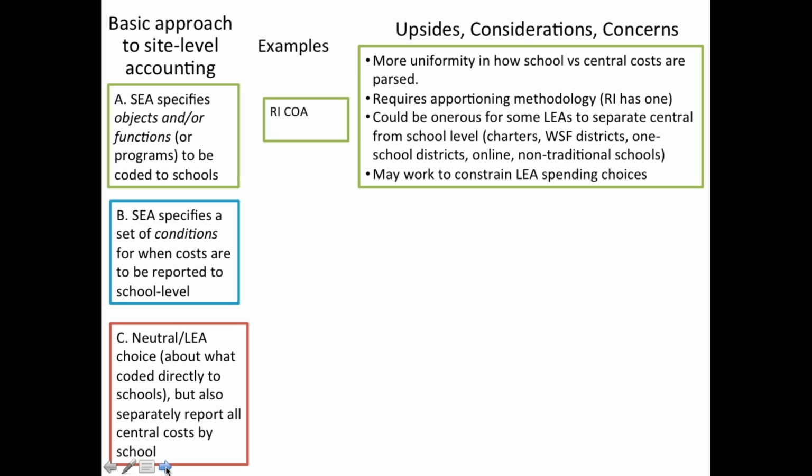So you can imagine a charter school where they say everything's in our building, there's no such thing as central, and you're asking us to artificially separate things, and people's jobs are doing both of those. Or maybe in weighted student formula districts, this could be tough because the district may allocate money to schools, and some of that money then may be used for different functions or objects that are specified as either central or school level.